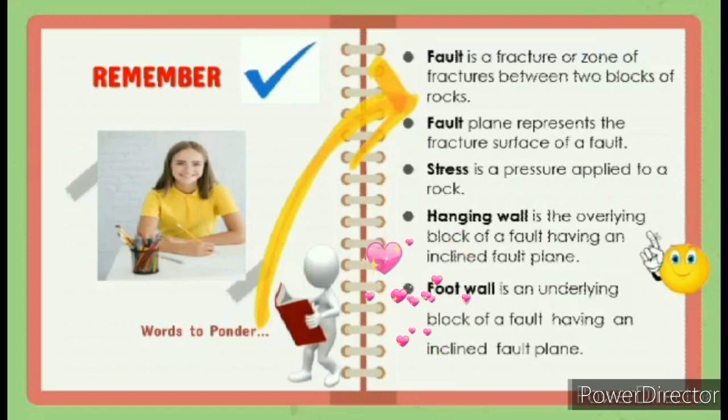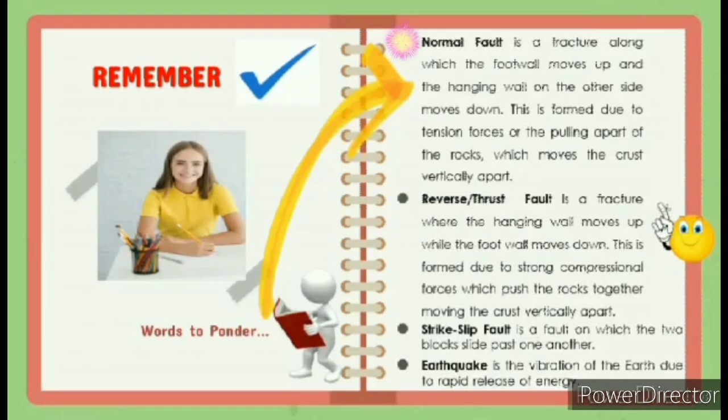That is footwall. Next is normal fault. It is a fracture along which the footwall moves up and the hanging wall on the other side moves down. This is formed due to tension forces or the pulling apart of the rocks, which moves the crust vertically apart.